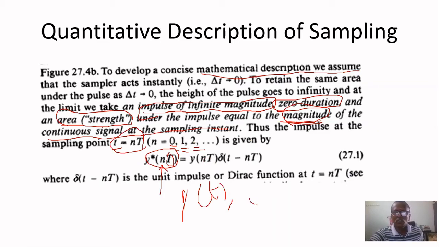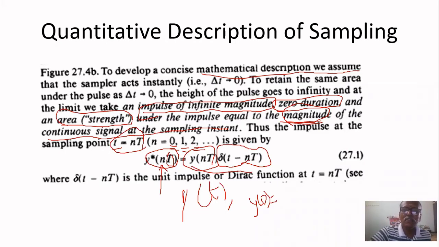When n equal to 0, y of 0, what is the magnitude? That is the strength of this impulse signal. So the impulse signal is multiplied by its strength, like that we can assume, so that the sequence can be continuously written.